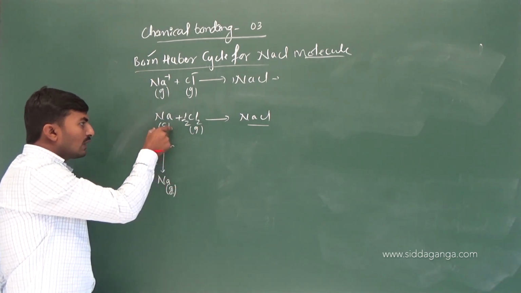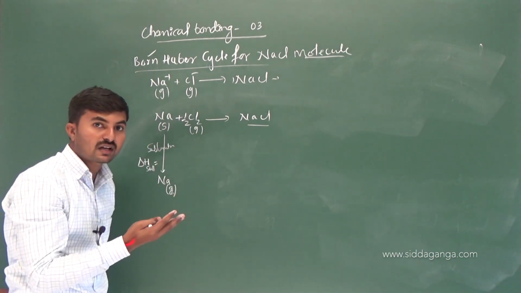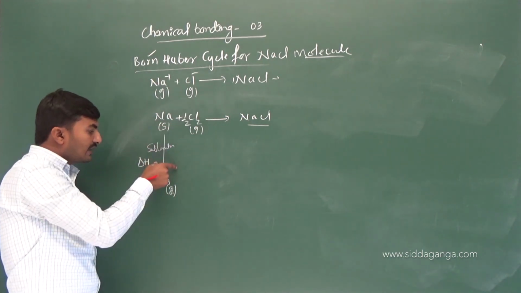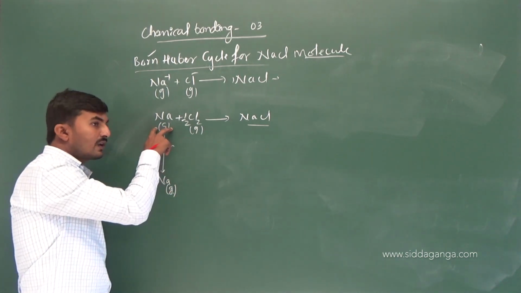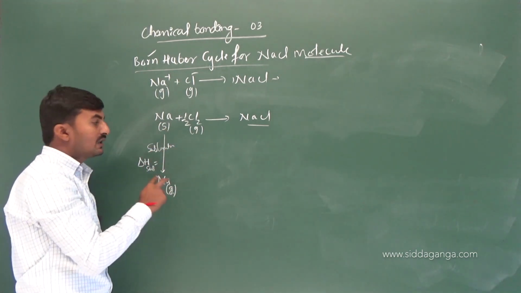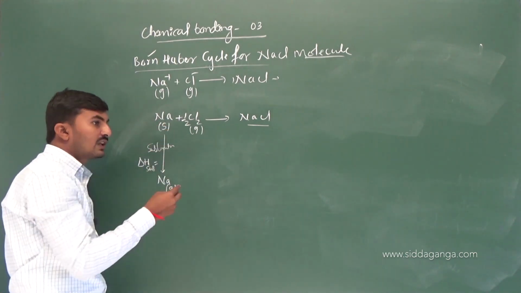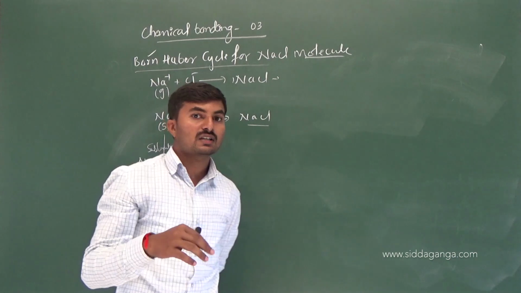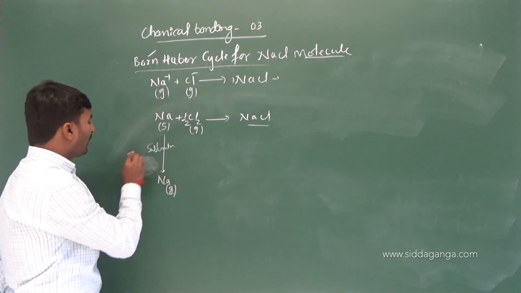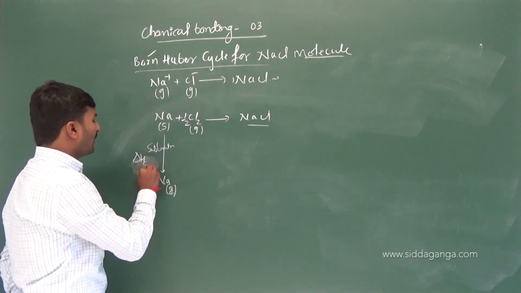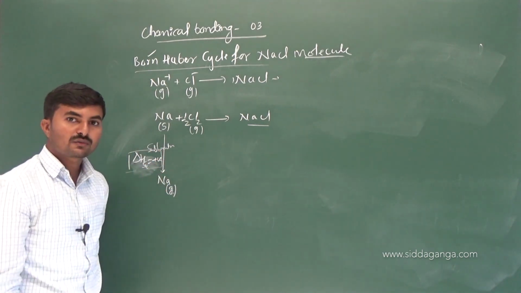Whether the amount of energy is required or liberated in this reaction: here, some amount of energy is required in order to convert this solid into a gaseous state atom. That means it is an endothermic reaction, so the enthalpy of sublimation is positive.